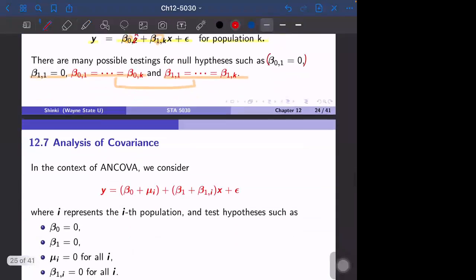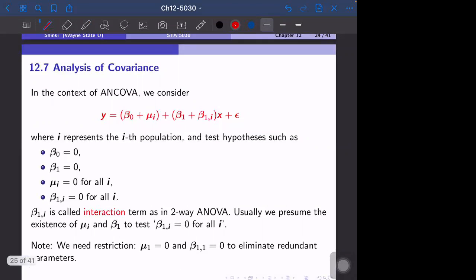So in the context of ANCOVA, we consider this model. Basically, to be exact, it is the summation of mu i times the indicator variable of category i, the indicator for population i.